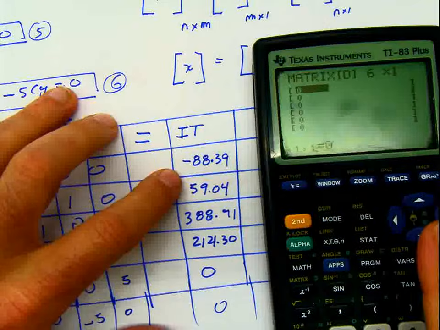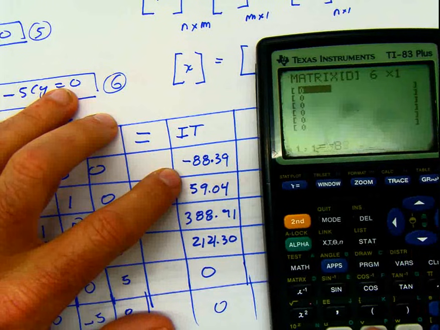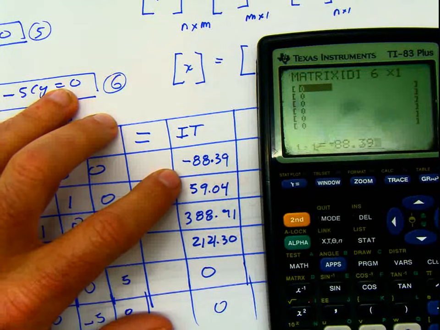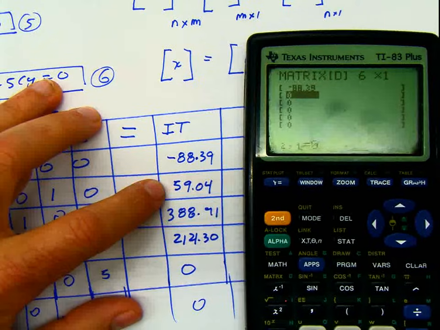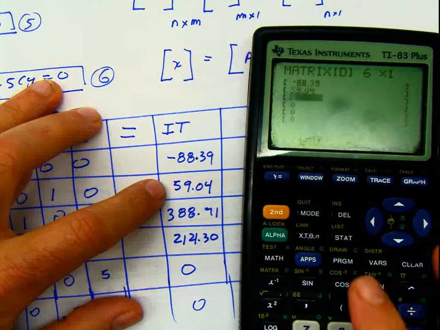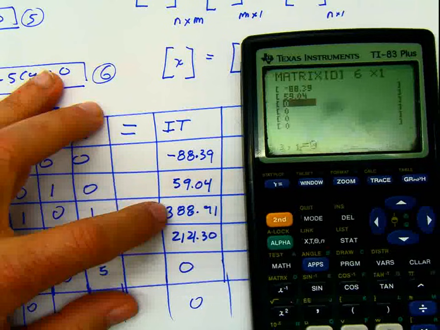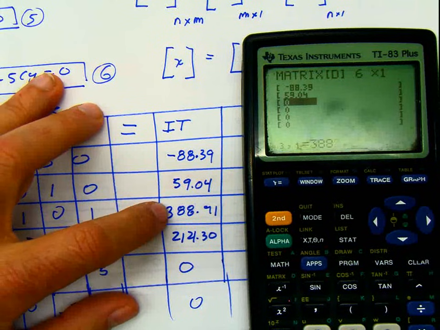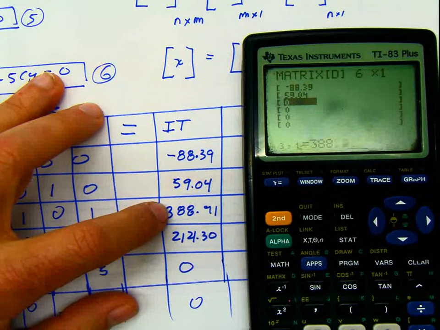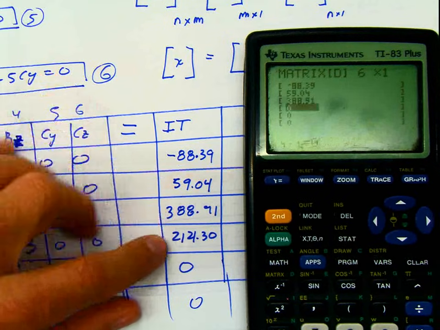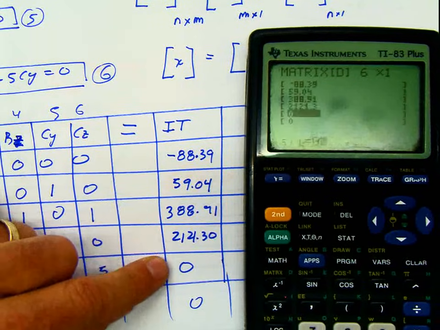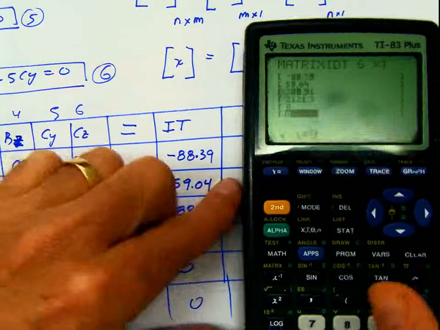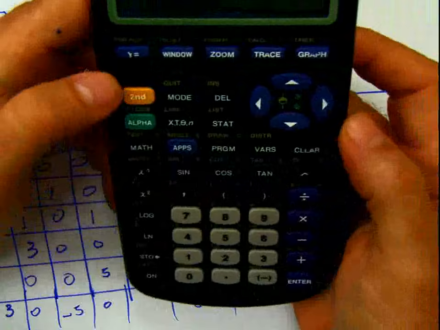First one is -88.39. Second one, hit enter. Second one, 59.04. Hit enter. Third one, 388.91. Hit enter. 21.3. 0, 0. Once you have it there, quit.